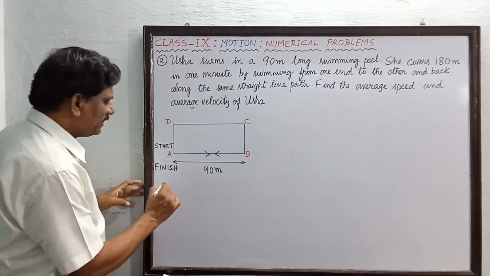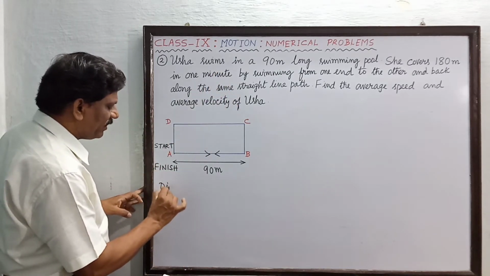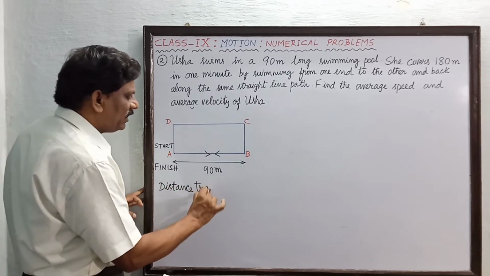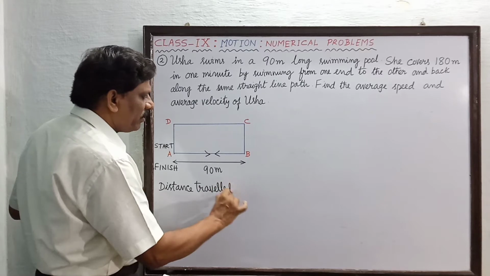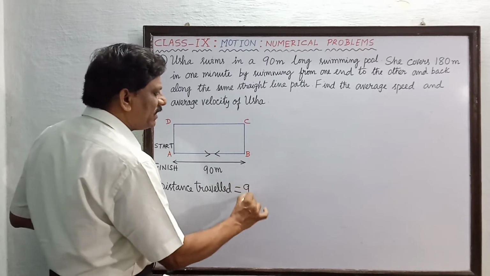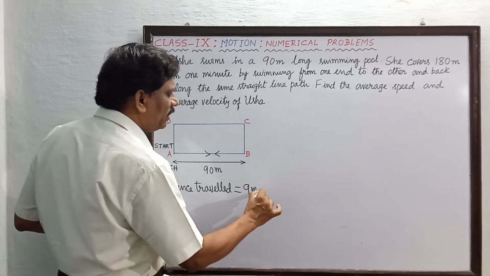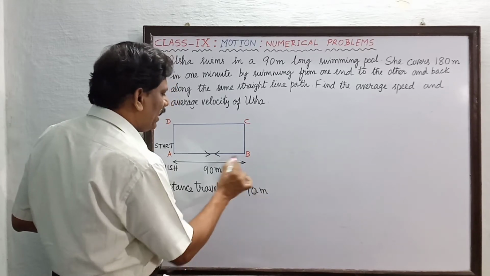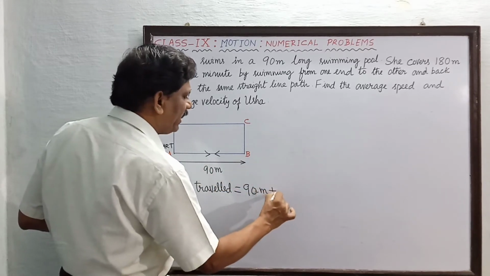First, how much distance she has traveled. So distance traveled is equal to 90 meter from A to B, and from B to A another 90 meter.